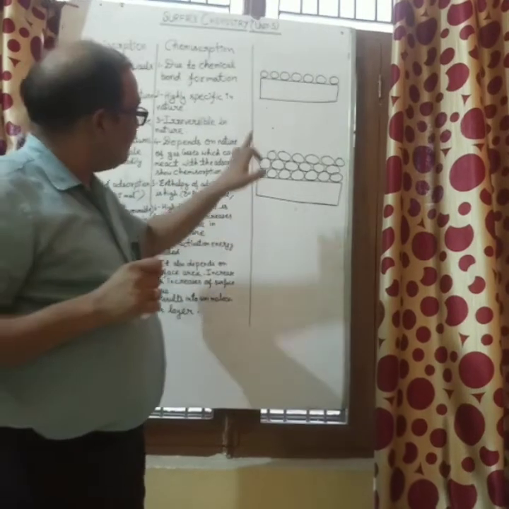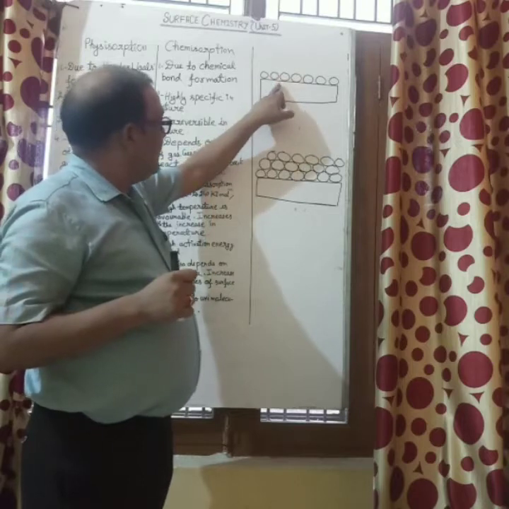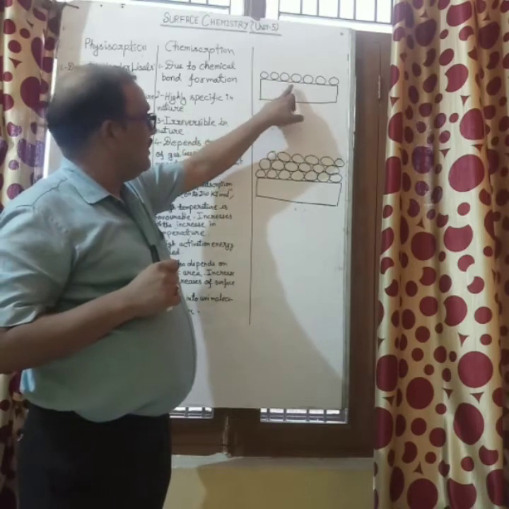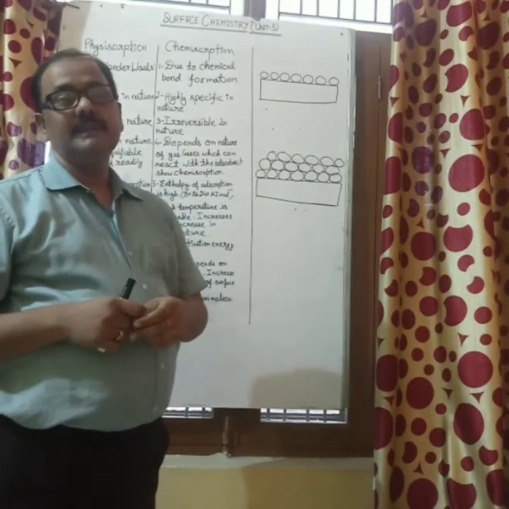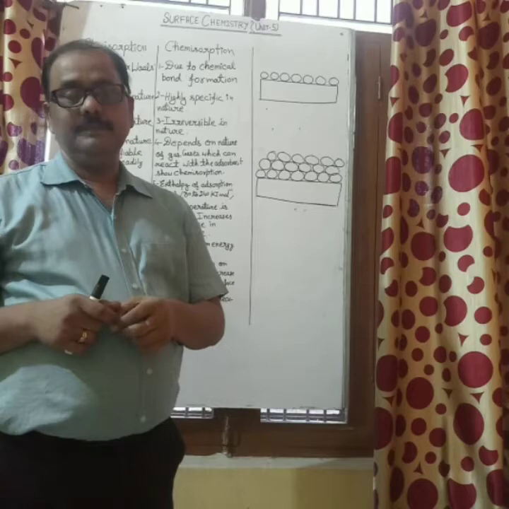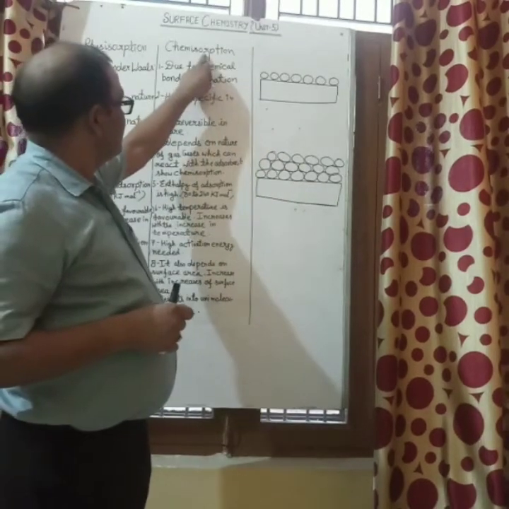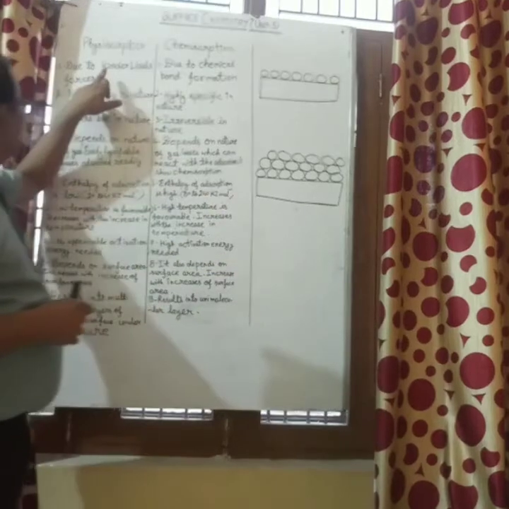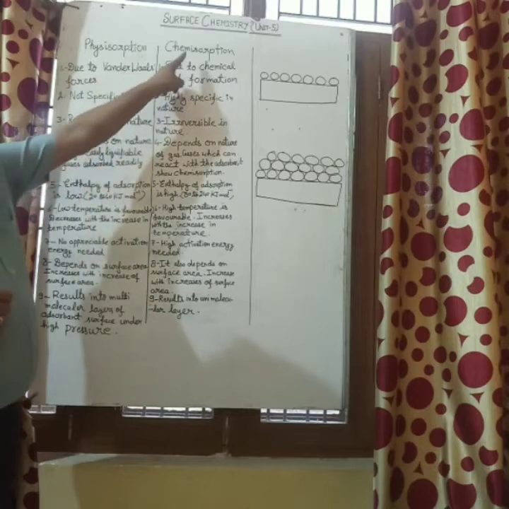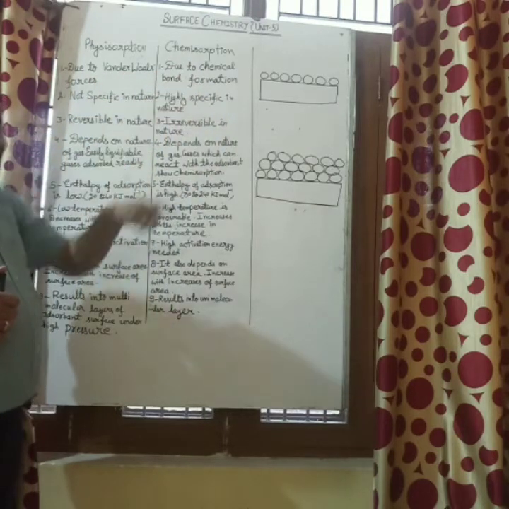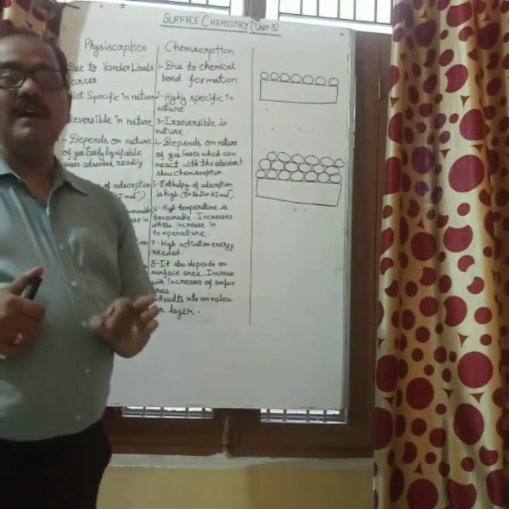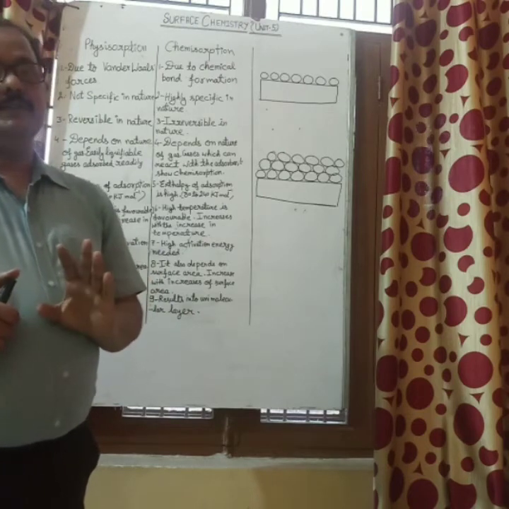Okay, and if there is a chemical bond formation between the adsorbate and adsorbent, then it is known as a chemical adsorption, or it is also known as chemisorption. It means in physisorption there is a weak van der Waals force of attraction, but chemisorption is due to the chemical bond formation, either it is covalent or ionic in nature.